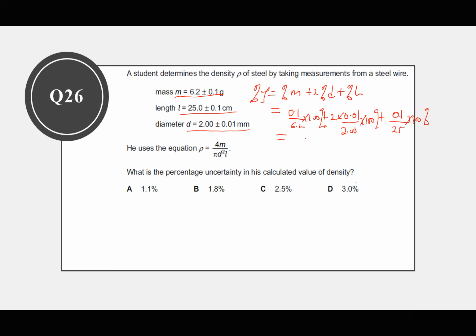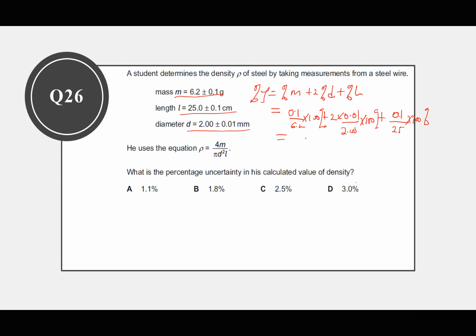So when you add this up, let's just press the calculator. 0.1 divided by 6.2 times 100. My calculator is jamming. 0.1 over 6.2 times 100.